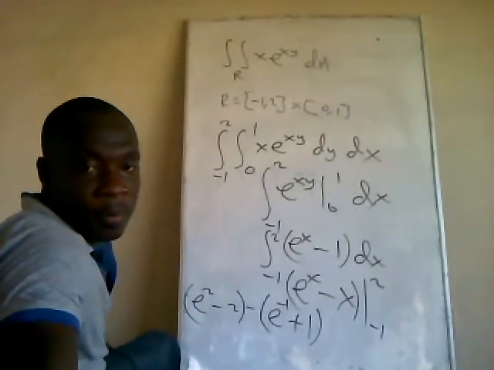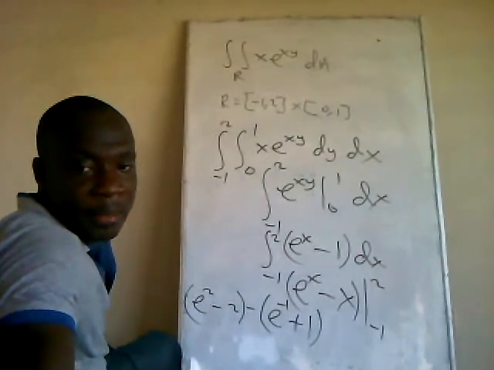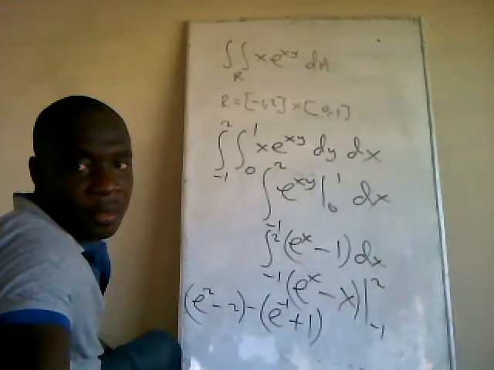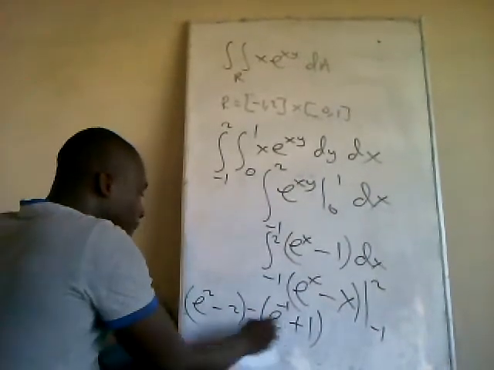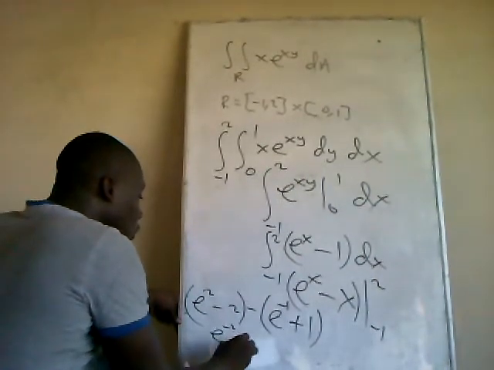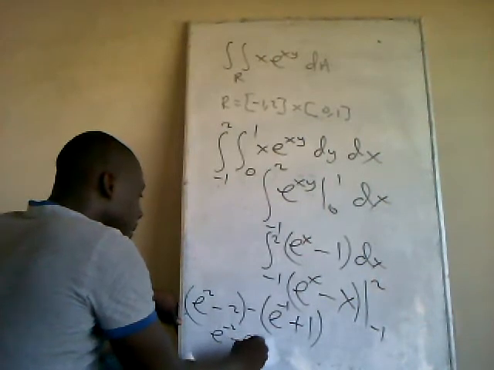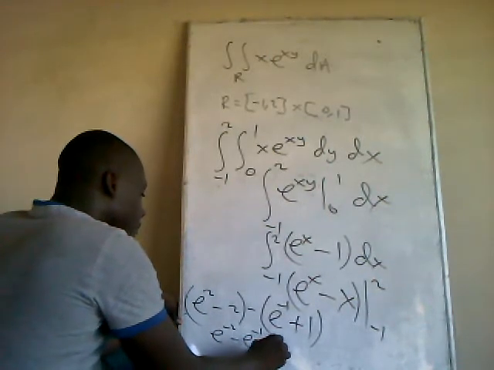I simplify this and I have e^2 minus e^(-1) minus 3.